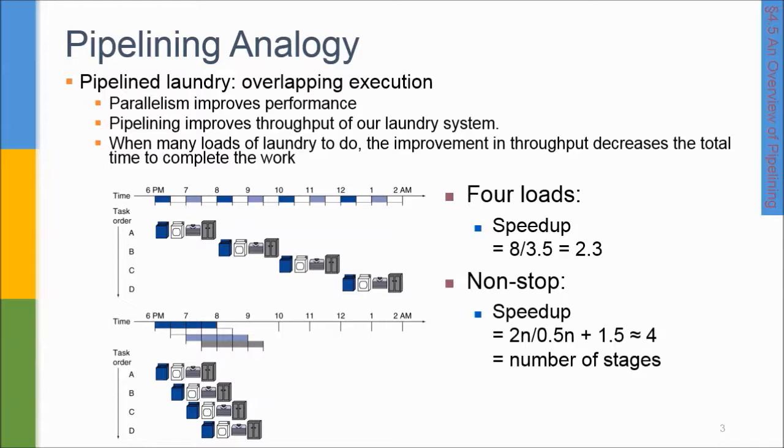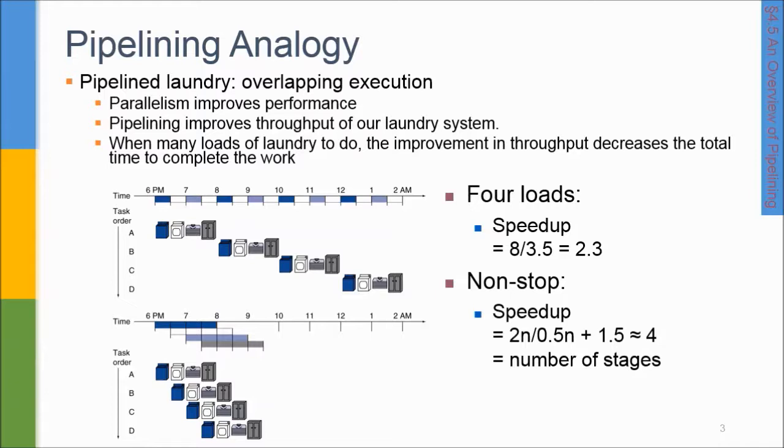When the first load is dry, you place it on the table to start folding, move the wet load to the dryer and put the next dirty load into the washer. Next, you put the first load away and start folding the second load. The dryer has the third load, and you put the fourth load into the washer.